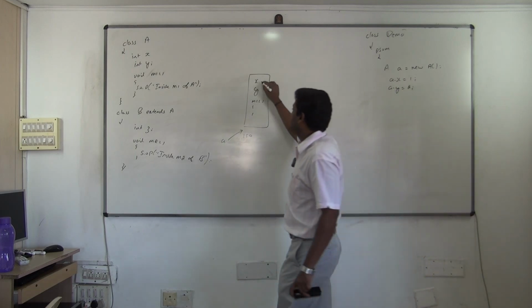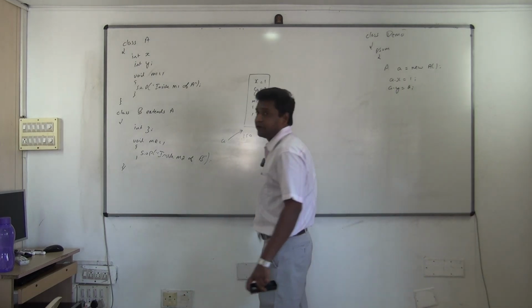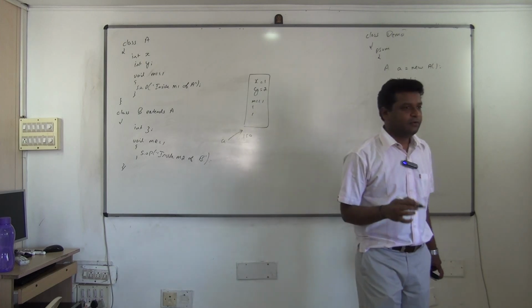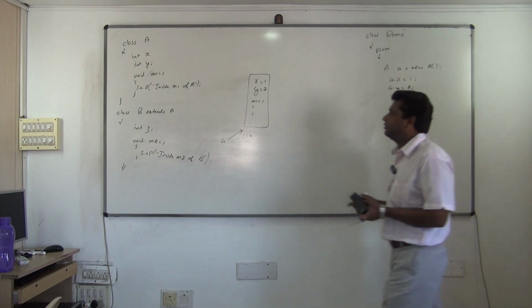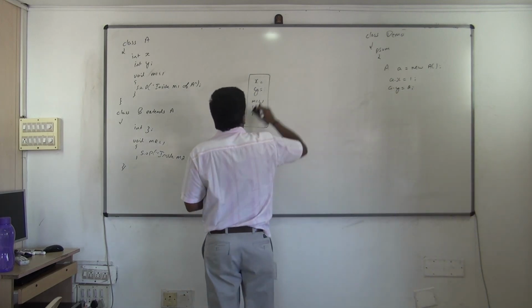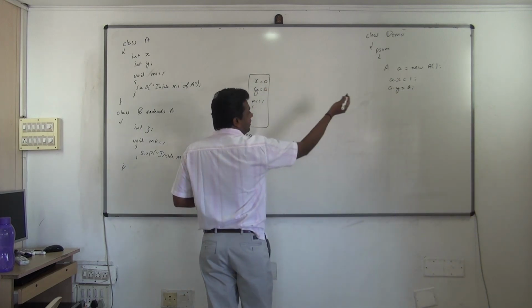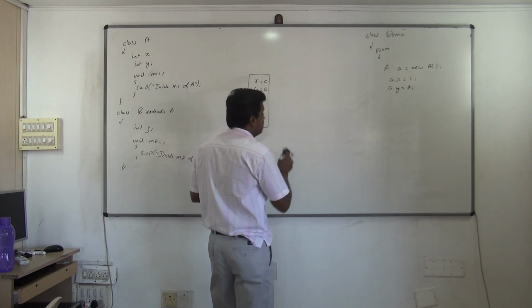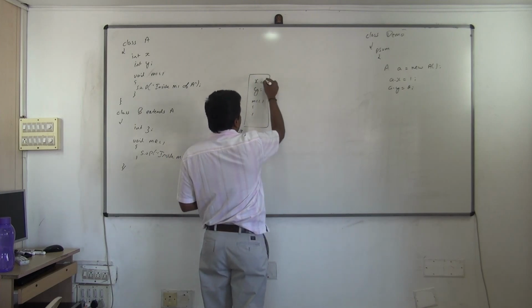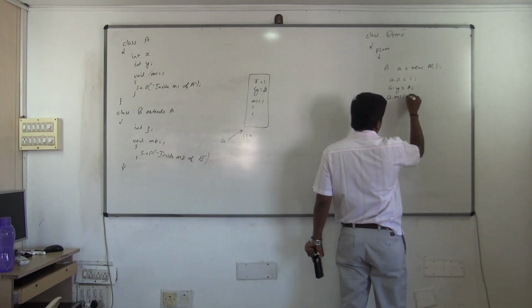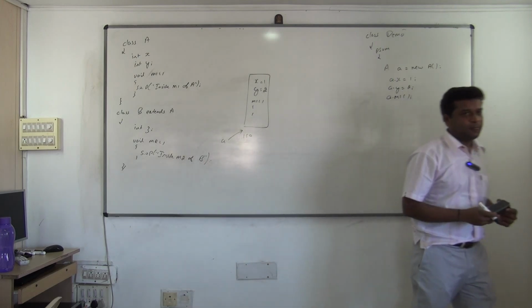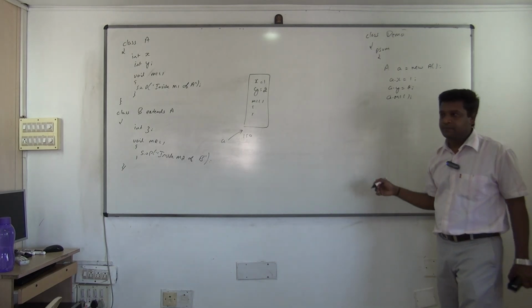Initially, when you create the A object, x and y are 0. When I initialize with the dot operator, they are overwritten to 1 and 2. And I can call the m1 method also. Till now this is how we have worked, just revising it for you. There is no problem with this.